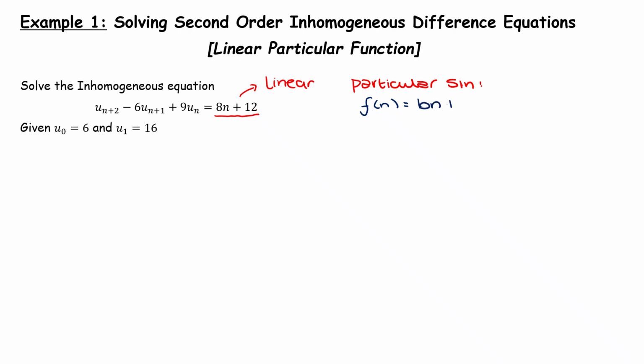I like to write my linear as bn plus c because then my constant is c, but again, you can use whatever letters you want for that. So my particular solution is going to be in the form f of n equals bn plus c. And we're going to be subbing in for all the un terms. So effectively what we're doing here is we're saying, okay, imagine if all those un terms were instead written as a function, what would that function be?